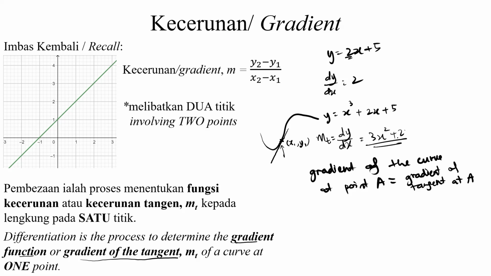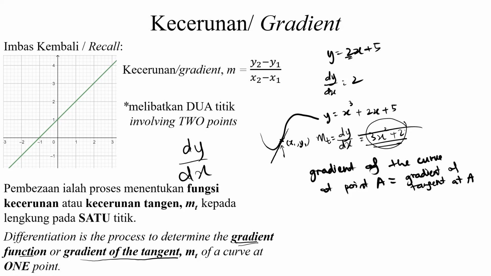So it is not a specific value, it's a function. That's why they call it the gradient function. So whether we use the word gradient function, gradient of the tangent of the curve, or the gradient of a curve at one point, all three mean the same thing. That is differentiation, dy/dx.